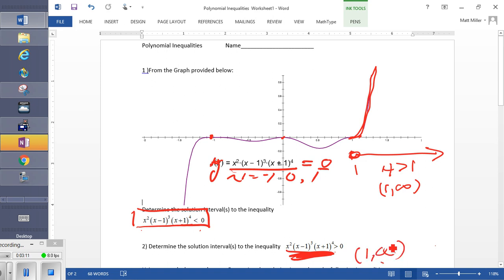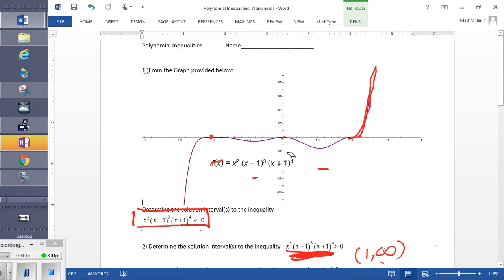Now, let's come back and answer this question. This question is asking under the axes. This question is asking above the axes.